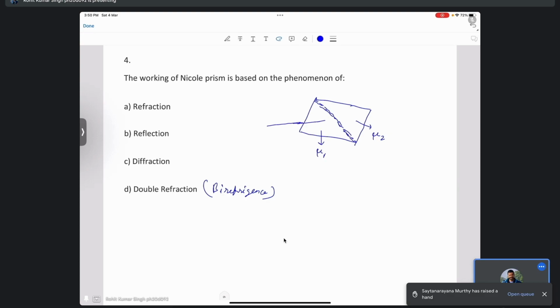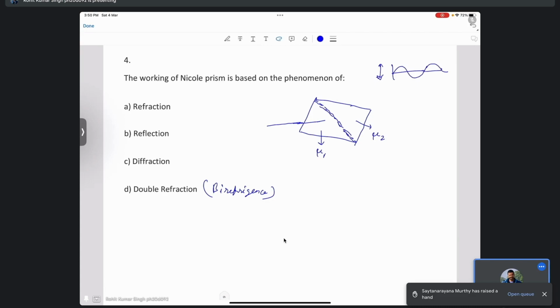unpolarized light that you see. And you know that a light ray is made up of electromagnetic waves. So there are electric fields, and you might have studied that an electromagnetic wave has the form of a sine function.